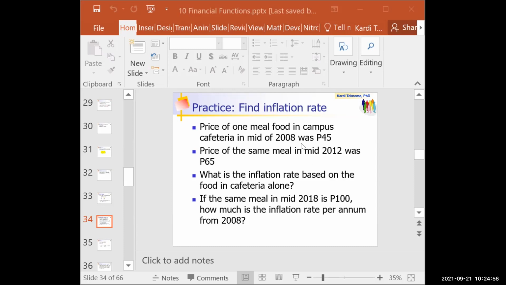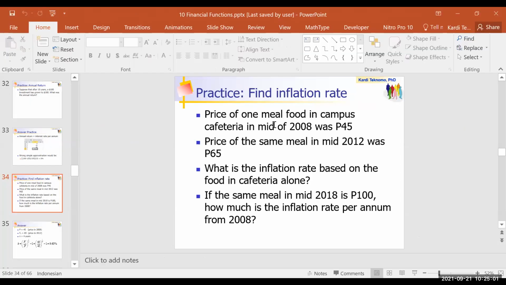Okay, this is the same as a while ago. I checked this when I was in the Philippines. The price of a meal in the campus cafeteria in 2008 was 45 pesos, that is around $1.5. And the price of the same meal in 2012 is 65.